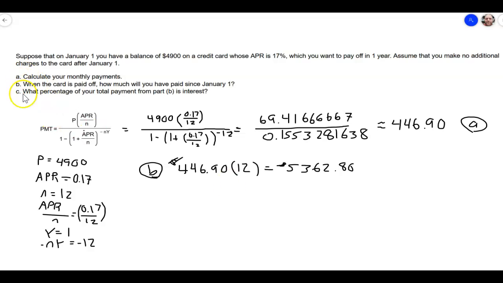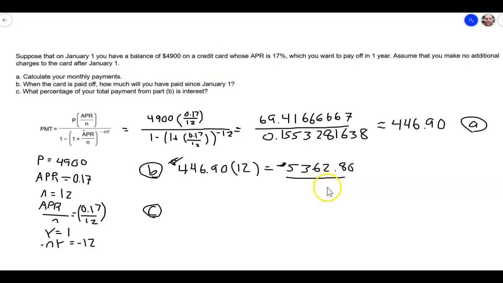All right, and then C says, what percentage of your total payment from Part B is interest? To answer this, what we need to do is find out what part of it was interest, and we divide that by the total amount. Well, this is the total amount here. We need to find the interest part.